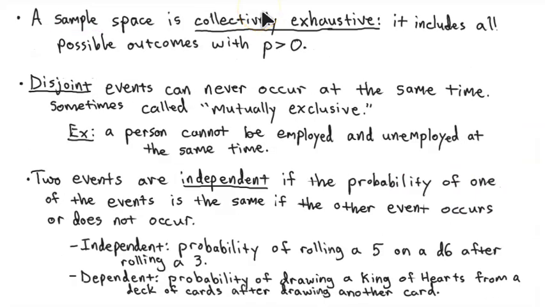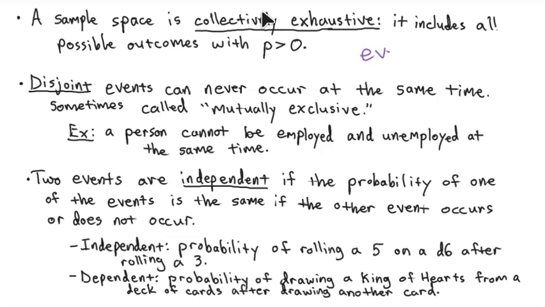Now, a sample space has to be collectively exhaustive. It includes all possible outcomes. Collectively exhaustive means including all of the possible outcomes. So for example, when we say rolling a die, will we get an even number or an odd number?